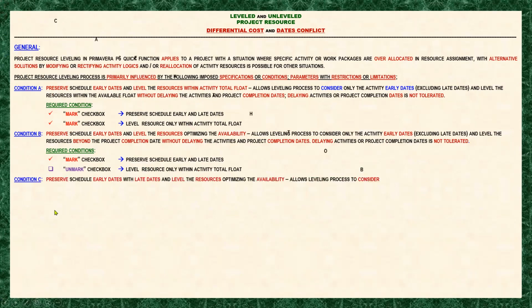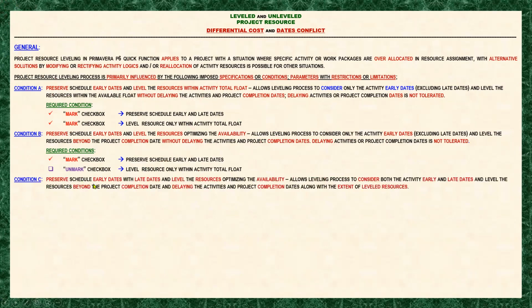Next, condition C: preserve schedule early dates with late dates and label the resources optimizing the availability.